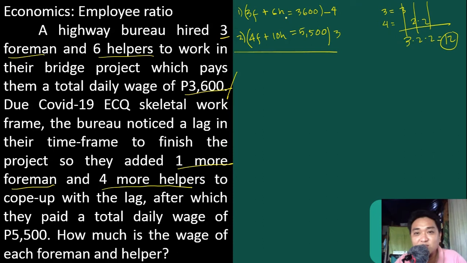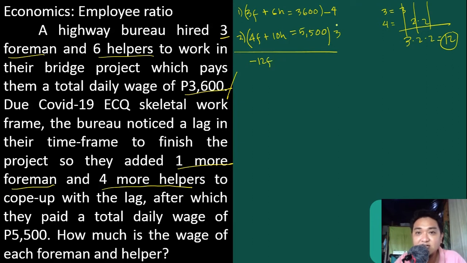So, negative, we are going to multiply this first linear equation by negative 4. Both sides of that equation will be multiplied by negative 4. And each term should be multiplied by negative 4. So, if that's the case, then negative 4 times 3f is negative 12f.